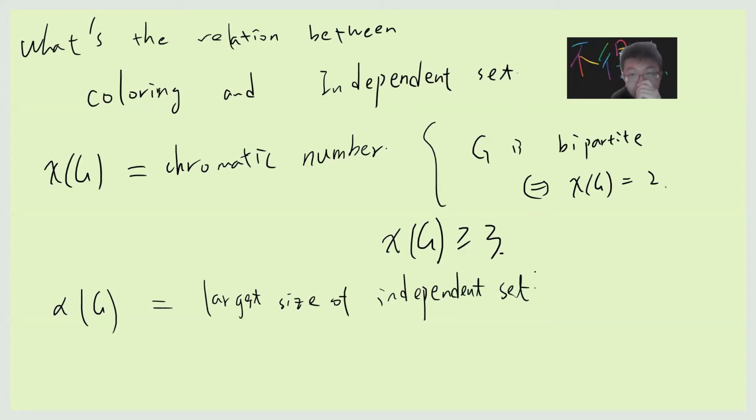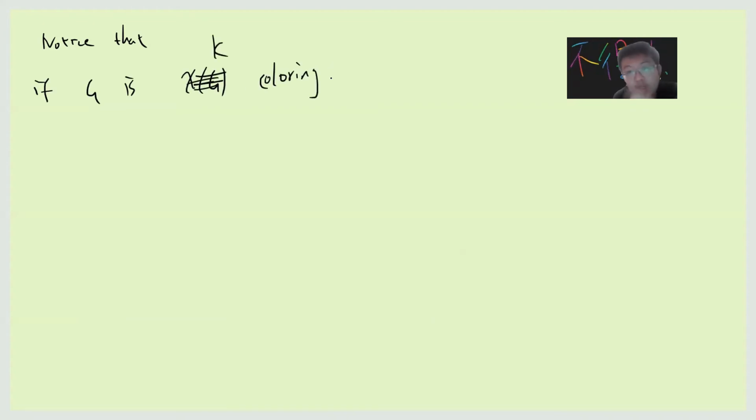So what's the relation between them? Notice that if G is K-colorable, it means I can use K colors to color G, and vertices with the same color are not adjacent. This tells you that G has K independent sets, mutually exclusive.